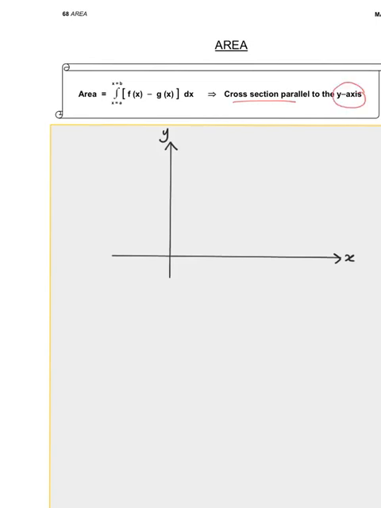Consider that you have one function, let's say this straight line function. One function in your graph, so maybe we can put this as your f(x) function. And then we have another function, here is your g(x) function.